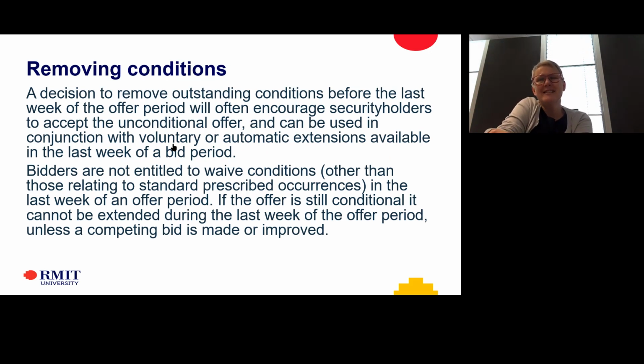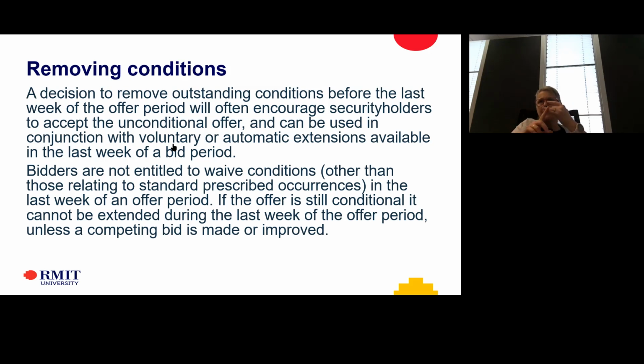Removing conditions is usually something that only happens in the last week or so of an offer period. It's really there to encourage the stragglers. Usually conditions are only removed when the bidder has achieved close enough, but what they commercially see as close enough, to what it is that they were seeking to achieve.